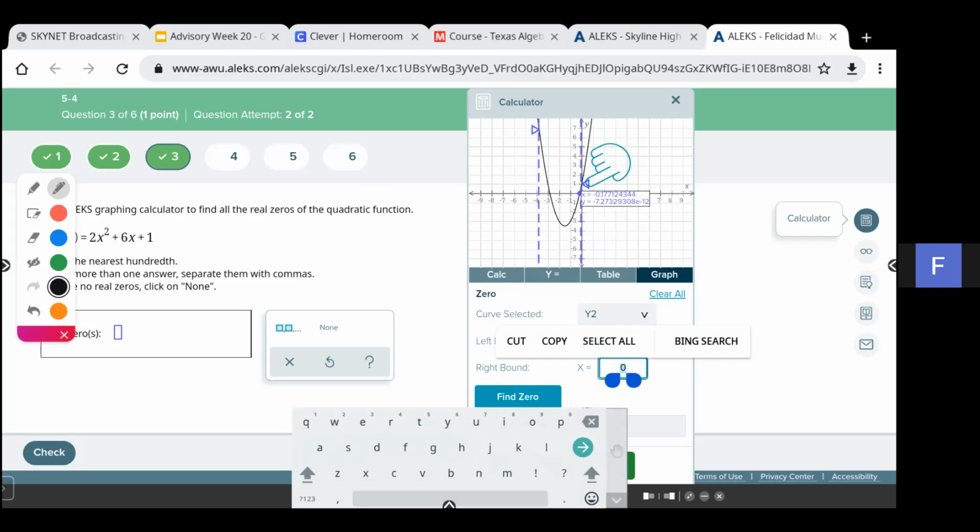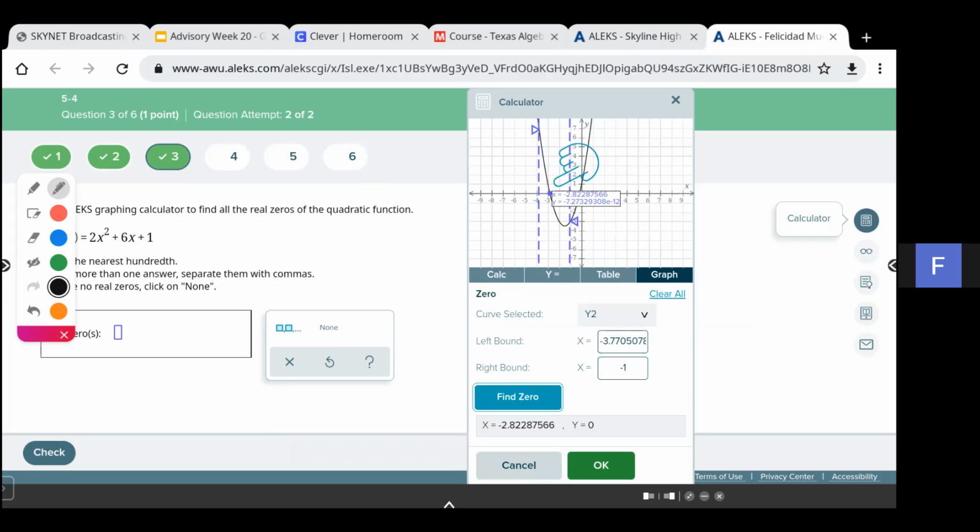Not quite. Let's try. Oh, so now it's decided to let me work it. All right, and there is my second 0. It took me a little while. Hopefully, if you're doing this on your computer, it does it a little nicer, or you're just using Desmos. And that will make things a lot easier.